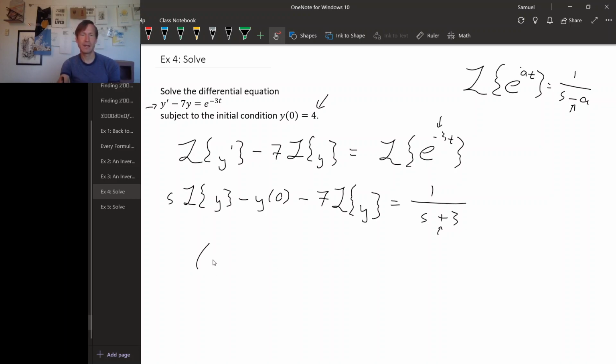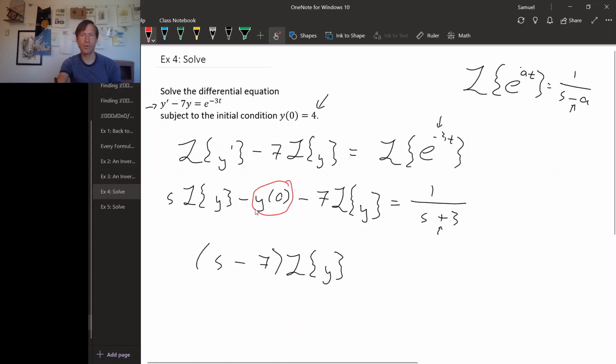Okay, so now we can gather up the Laplace transform terms. We get s minus 7 times the Laplace transform of y. Okay, this y of 0 right here is 4, and since that doesn't have a Laplace transform of y in it, we're going to move it to the other side. So the right-hand side is 1 over s plus 3, plus 4.